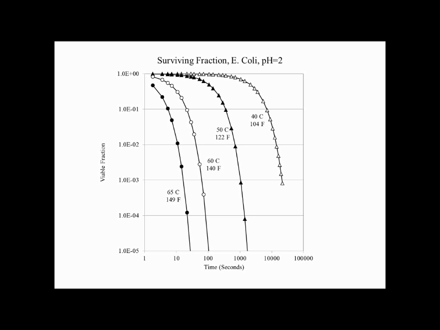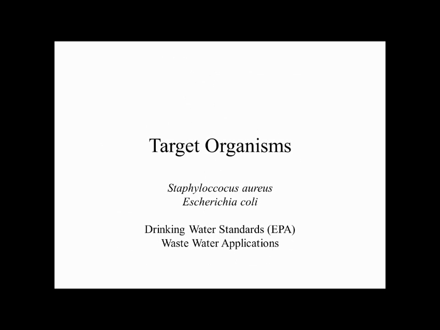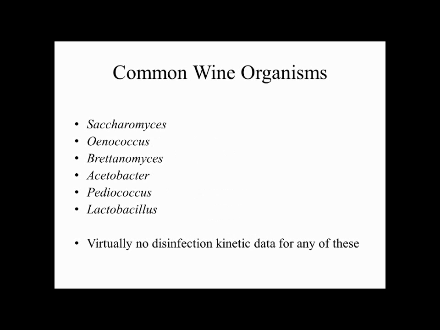And so the question is that's terrific, except we don't have a whole lot of E. coli on our tanks. So the problem with these models is they're all based on E. coli for drinking water and for staph and a few other things in milk and dairy. And the problem is we don't have any data yet, almost nothing, that addresses Saccharomyces or Oenococcus or Brett or Acetobacter, Pediococcus or Lactobacillus.